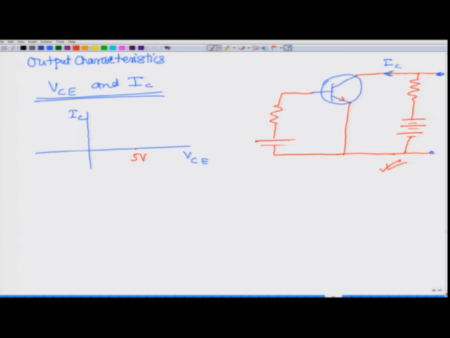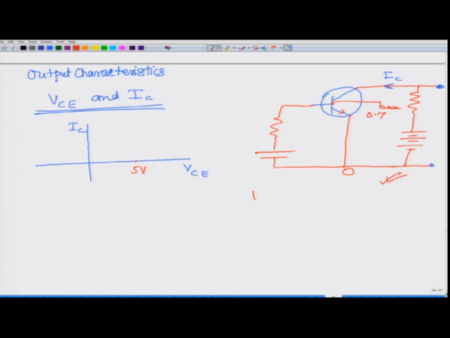Remember, VCE is not the biasing voltage between collector and base, it is the voltage between collector and emitter. So, this is collector and this is emitter, right. The junction is here, this is our base. So, VCE is not the biasing thing. If you call this 0 volt and suppose this base is at some 0.7 volt or so, and this point is VCE, what you have is VCB.